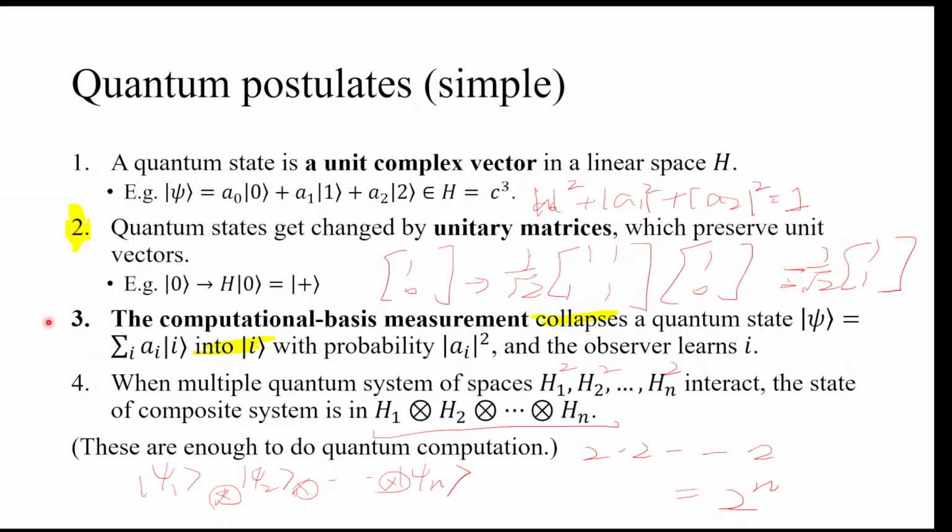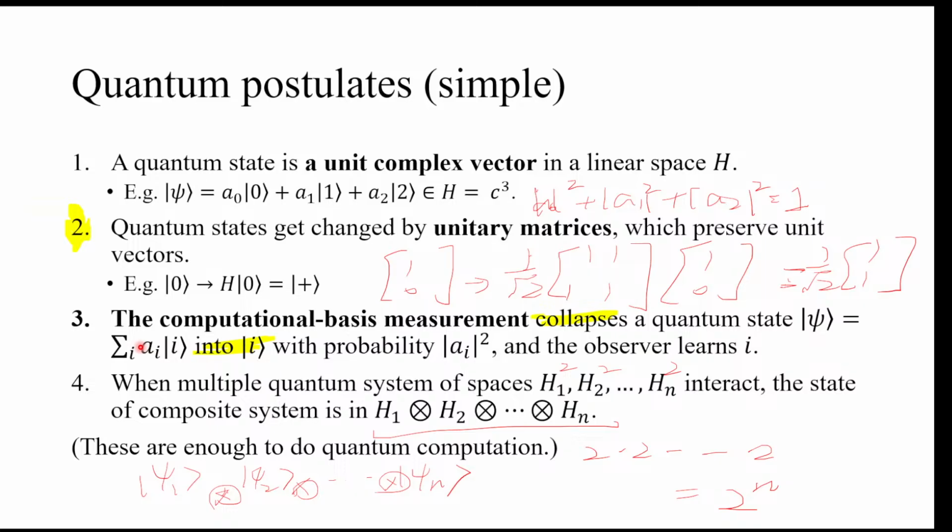So stating that we can only do computational basis measurement is the same as saying that we can do any orthonormal basis measurement, because you can just do a change of basis with this second thing here, right? Because if you want to do any orthonormal basis measurement, then you can just rotate your state with a unitary matrix first, then do computational basis measurement.